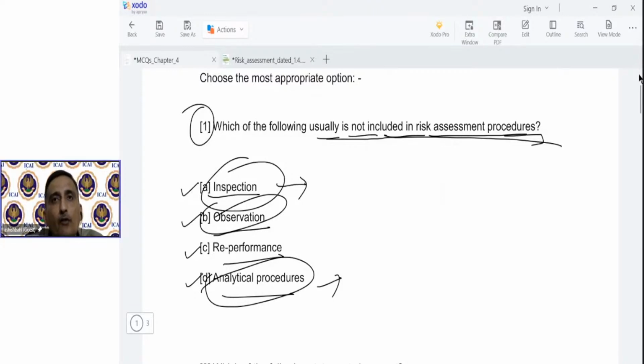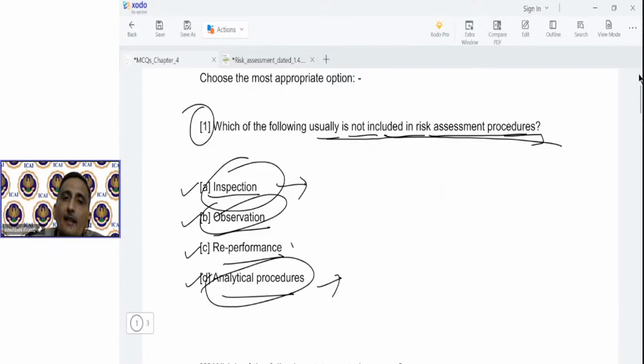This helps me in analyzing the variation. So when I am doing such an activity, obviously I am assessing the risk. So assessing risk is the first part before you actually perform substantive procedures.